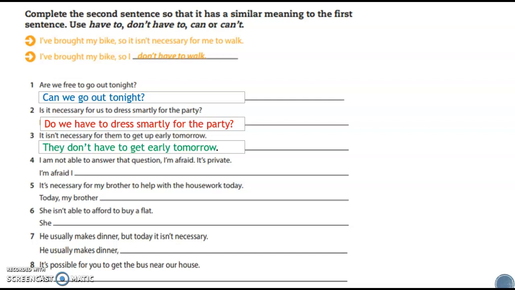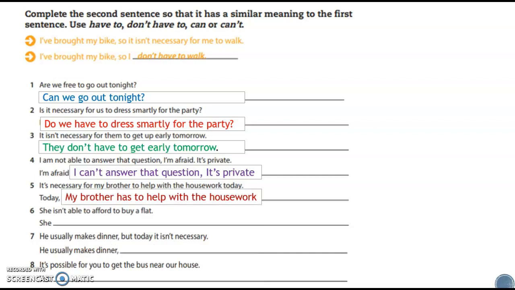Let's continue. Number 4, I am not able to answer that question. I can't answer that question. 5, it's necessary for my brother to help with the housework today. My brother has to help. 6, she is unable to afford to buy a flat.